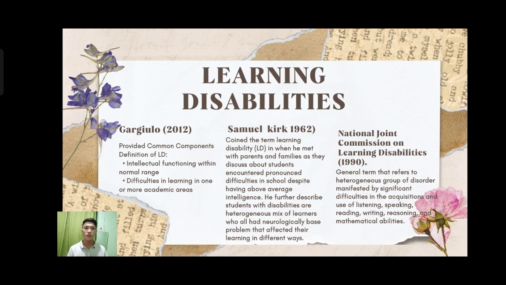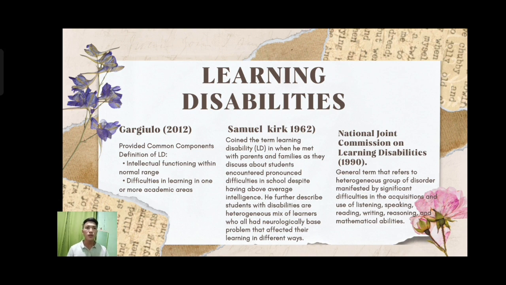He further described students with learning disabilities as a heterogeneous mix of learners who all had neurologically based problems that affected their learning in different ways. Take for example, a learner has above average intelligence but also has a learning disability. For example, you are good at this aspect or this task, but in another task you are weak, so you determine that it is a learning disability.